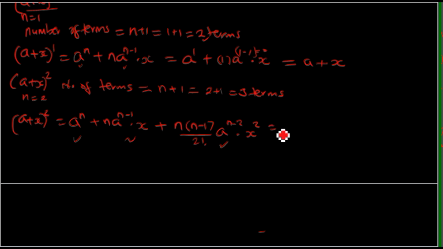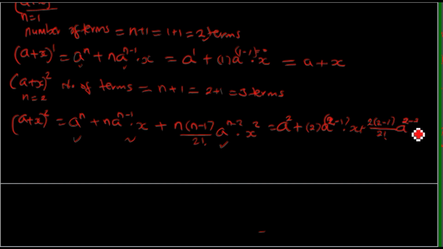And substituting for the value of n, we shall have a squared, because n is equal to 2. Plus n is 2 multiplied by a power 2 minus 1 times x, plus n is 2 into 2 minus 1 over factorial 2 multiplied by a power 2 minus 2 times x squared.